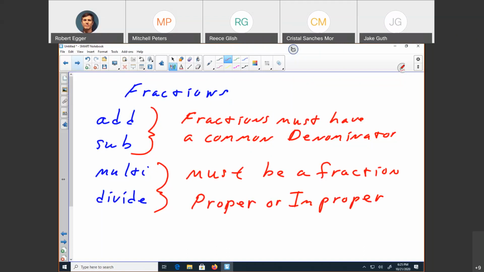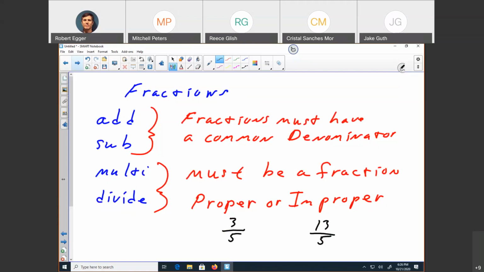And in case you're wondering or having questions, a proper fraction just means the numerator is less than the denominator. As a decimal, it'd be less than 1. Improper, numerator is bigger than the denominator. As a decimal, it'd be greater than 1.